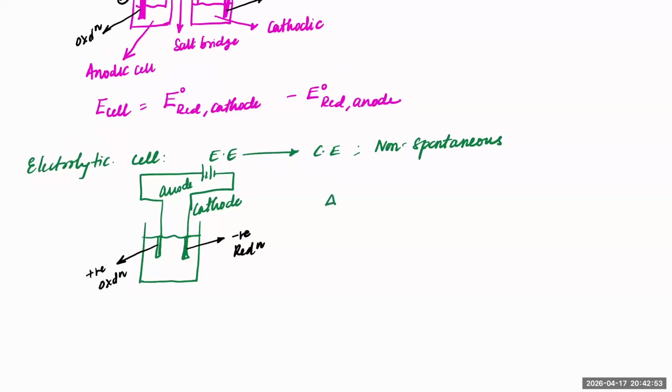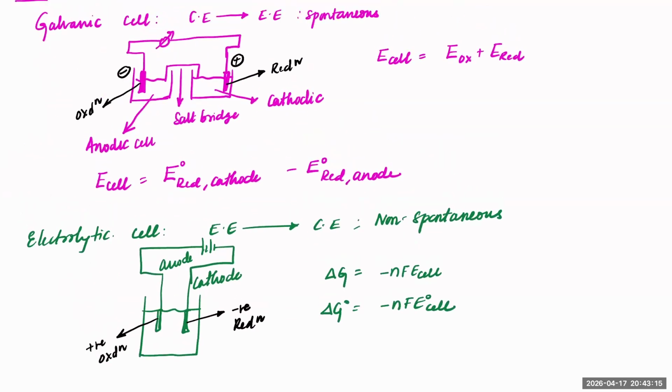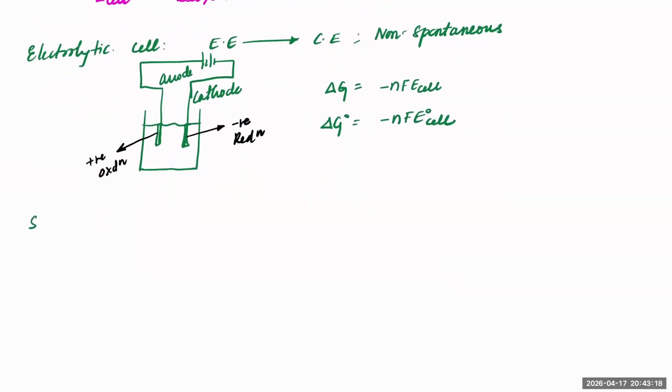We learned that whatever the electrical energy that we are using will be same as that of delta G value. Delta G value can be assessed as minus nF E cell, while delta G naught will be equal to minus nF E naught cell. We learned something about standard hydrogen electrode where we standardize that the reduction potential of H plus to H2, or H2 to H plus as an oxidation potential, both are zero.